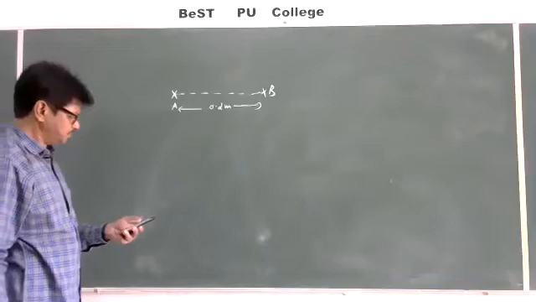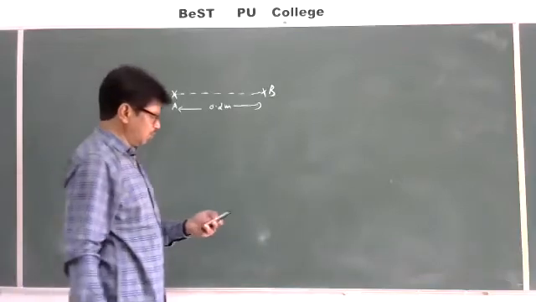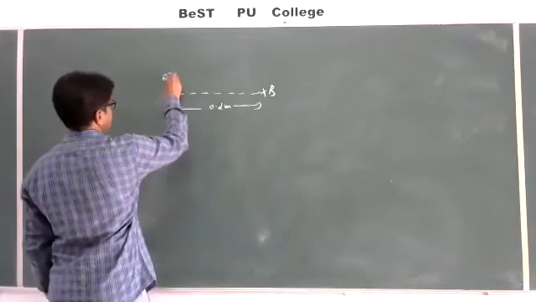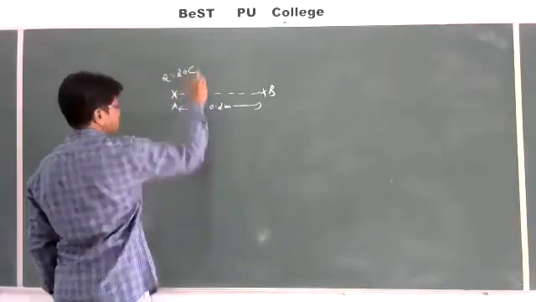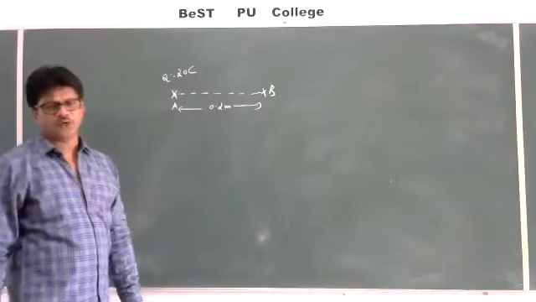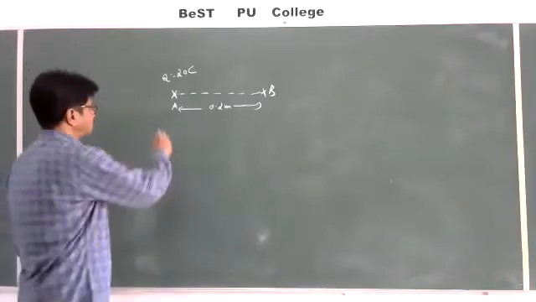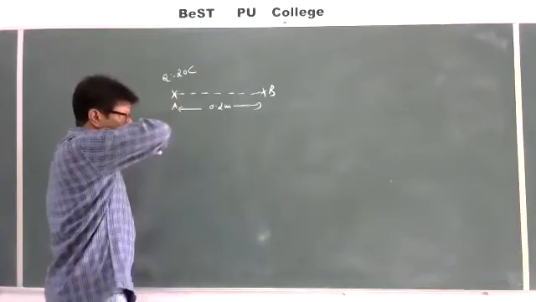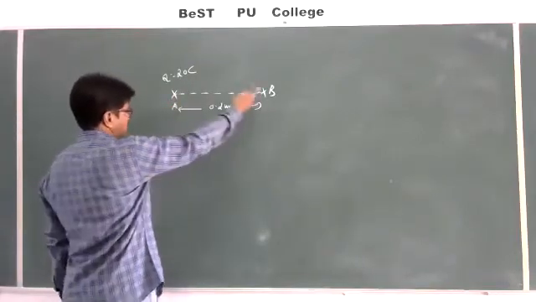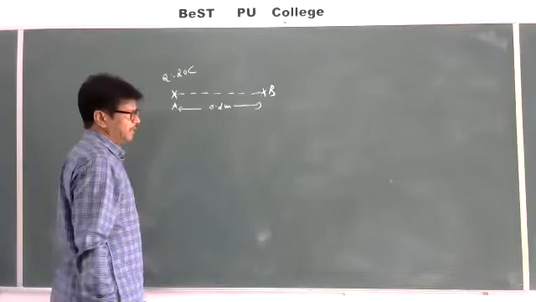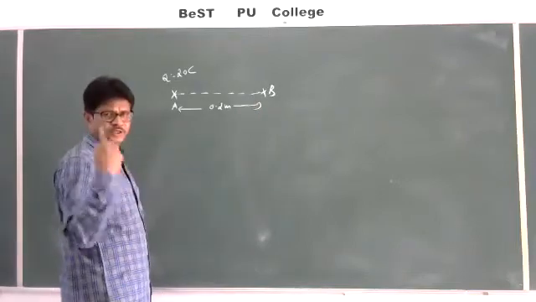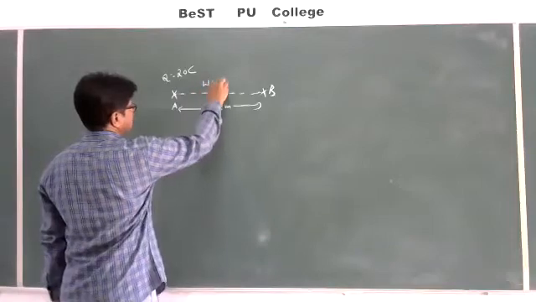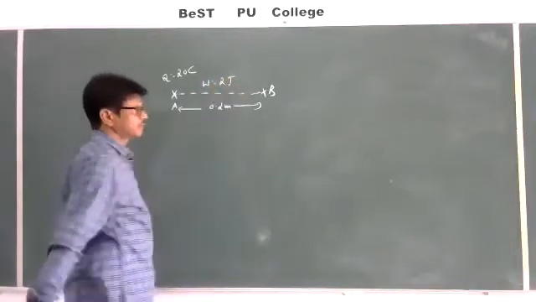Now he wants to move a charge of 20 coulomb from A to B. Whenever he wants to move a charge from one point to another point, some work must be done. That work, he is telling, is 2 joules.